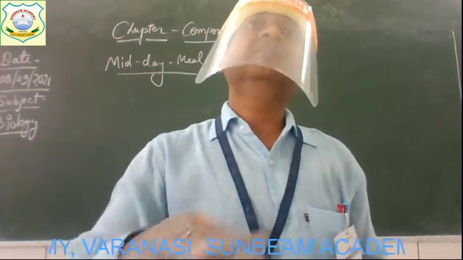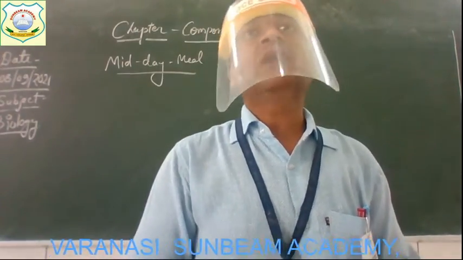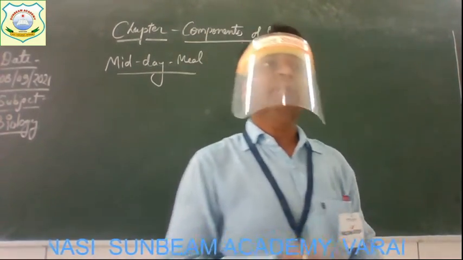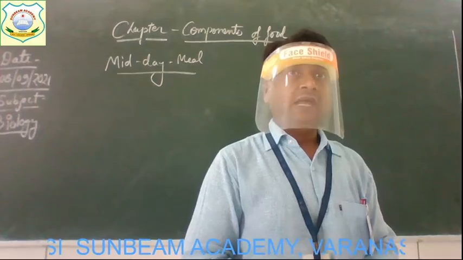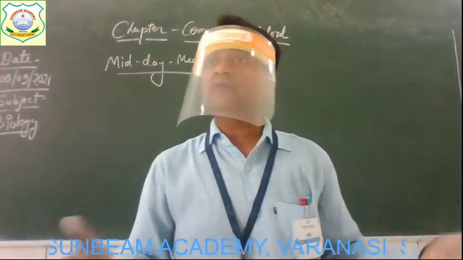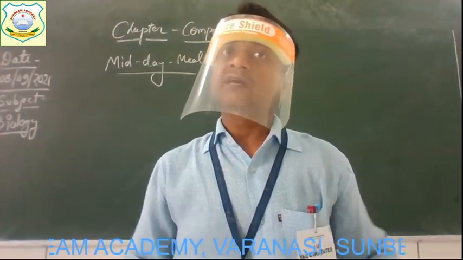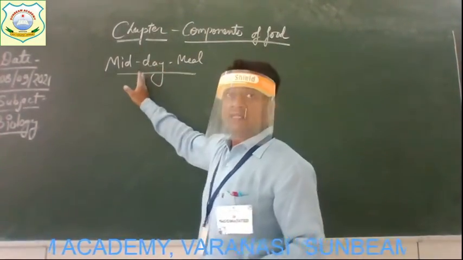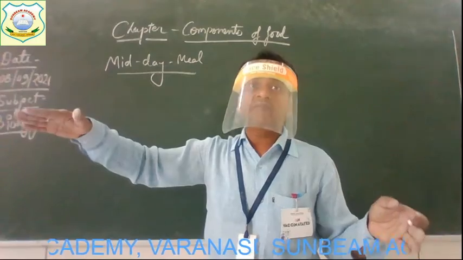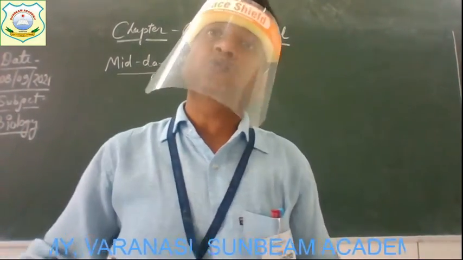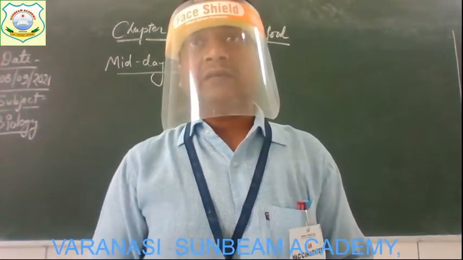The government provides this food to all the children who are studying in the schools, and the name of this scheme is midday meal. Just as during lunch time we take our lunch, in the lunch break of the school, this meal is provided by the school to all the children.